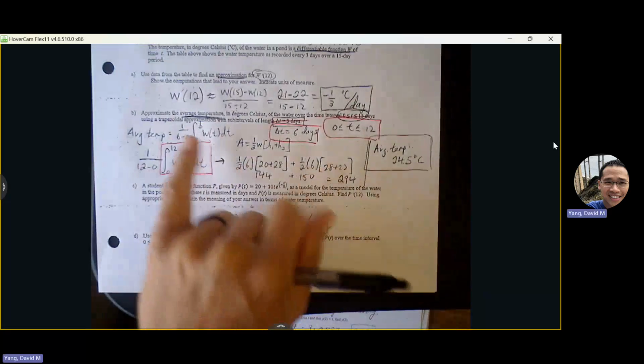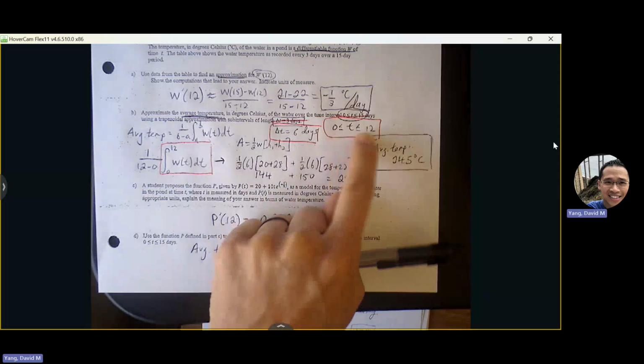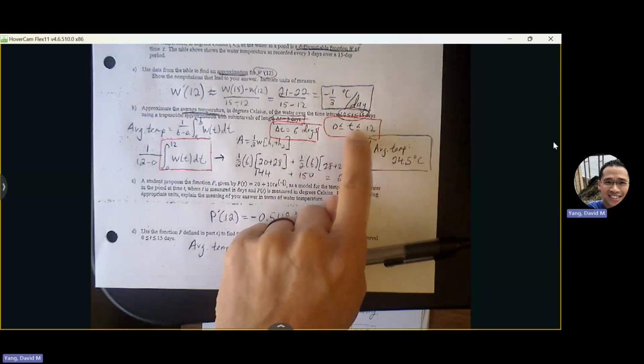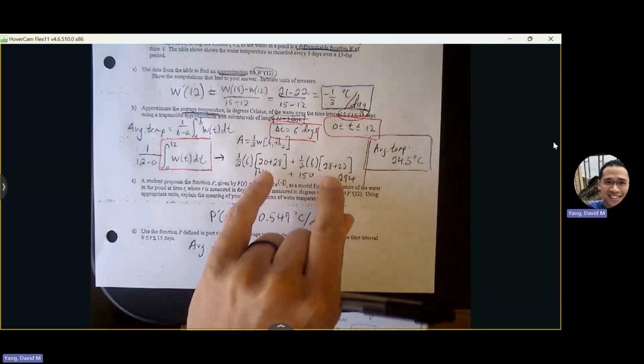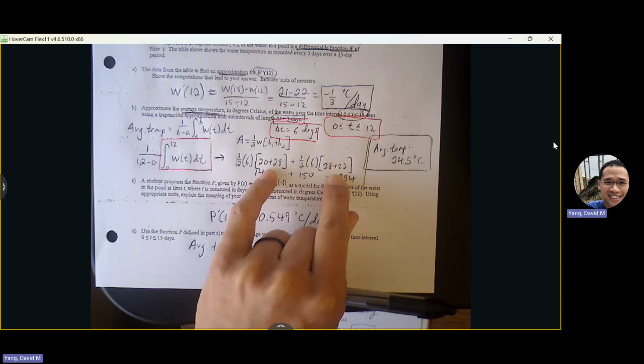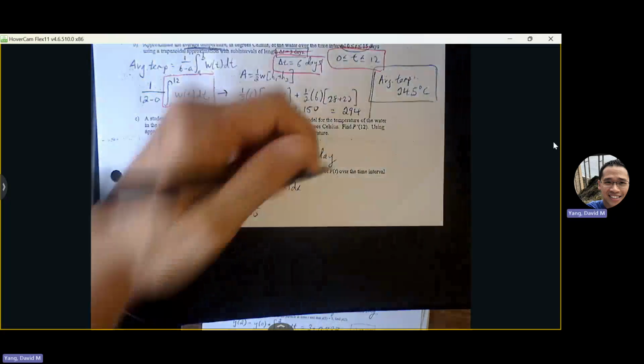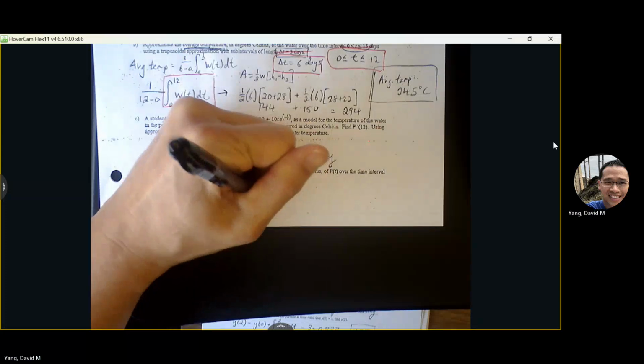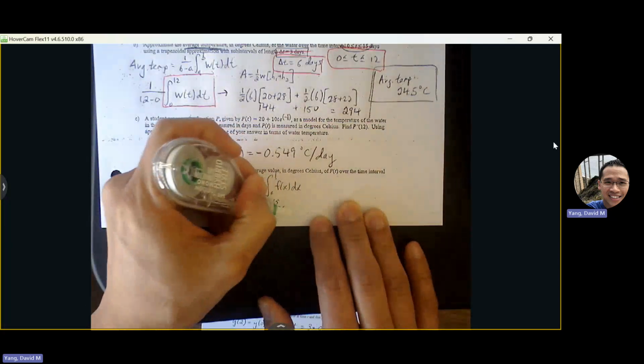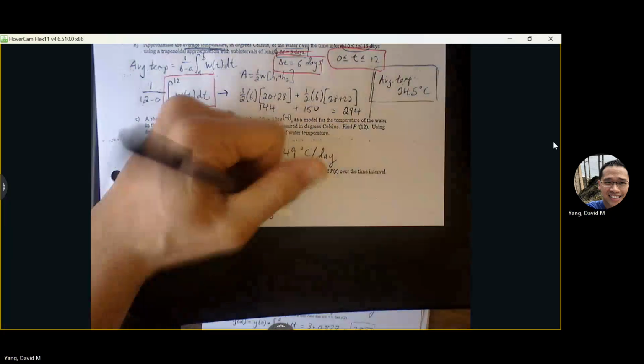But that's right, sorry. For part B, we made an adjustment. We just did average temperature for the first 12 days so that we don't do as many trapezoids. But this one is 15 days, and we're going to use P of t. The formula was f of x, but we're going to use P of t.